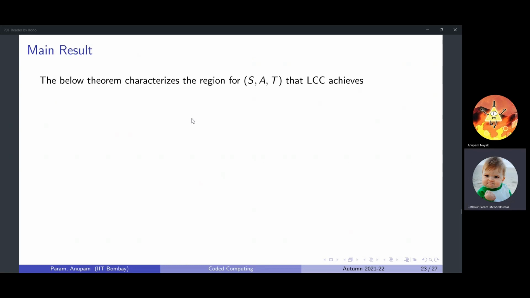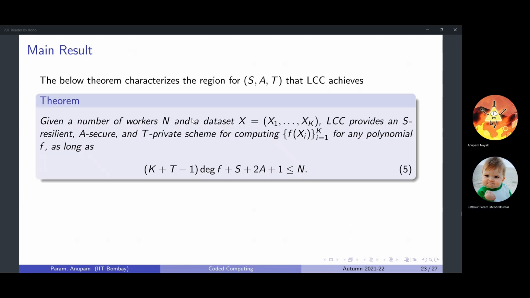So the generalized result of linear Lagrange coded computing is this. Notice that we have S, we have A, we have T here, and in a way this is very similar to what we have studied before. I will just give a hint here.